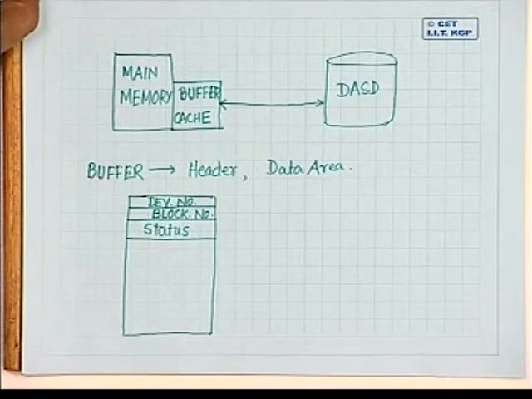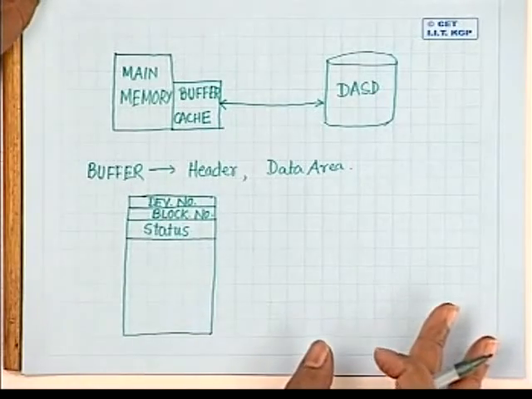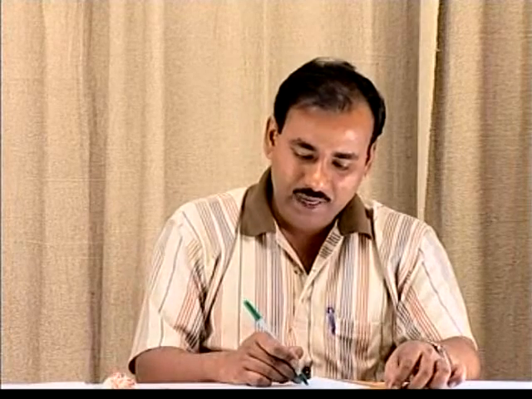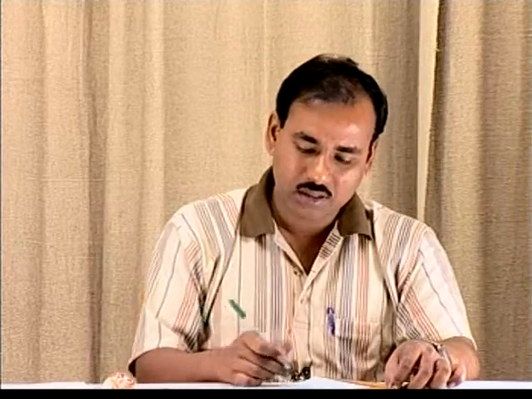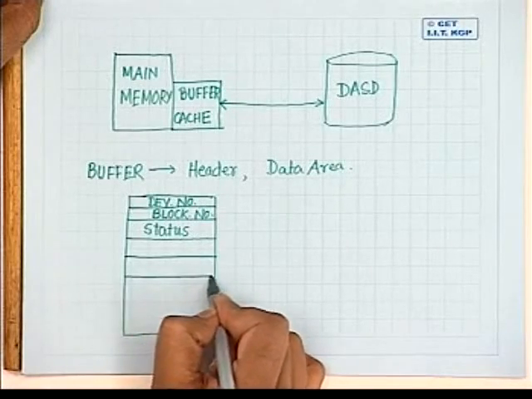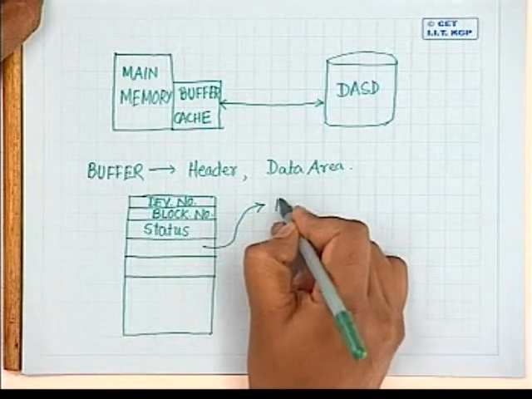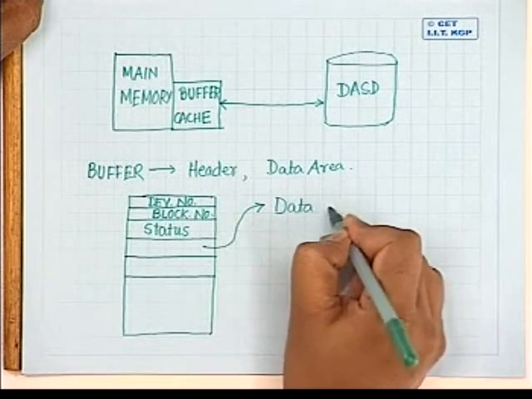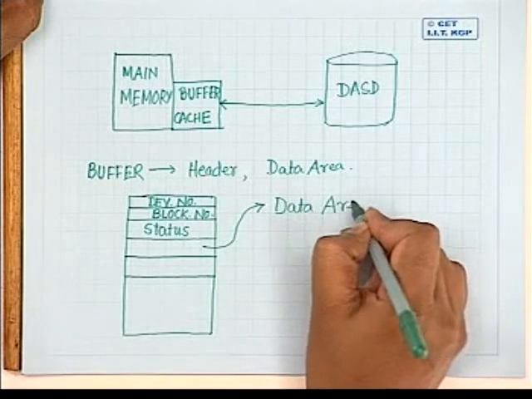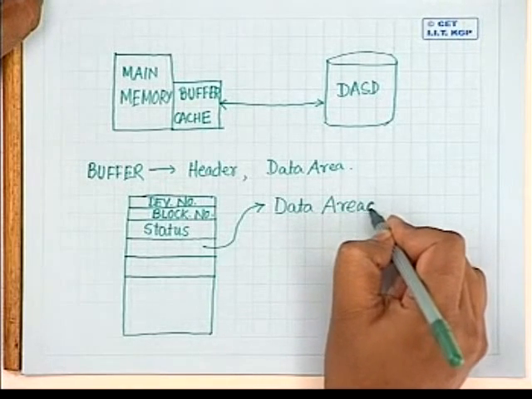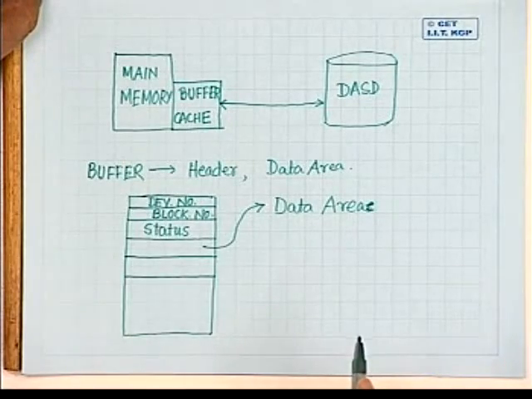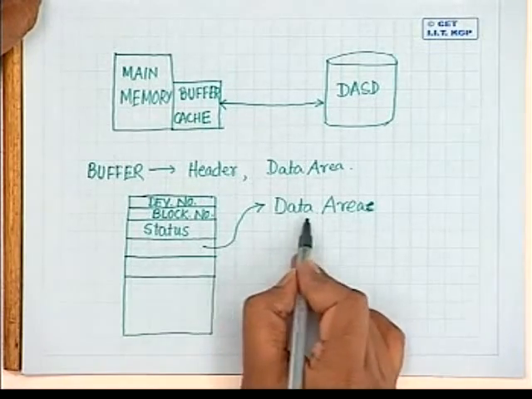Okay. Now for management, all these buffers are maintained in the form of a doubly connected circular linked list. So I have to have a number of pointers on this header. Obviously, one of the pointers will point to the data area, that is, the address of the memory area which contains the data block.